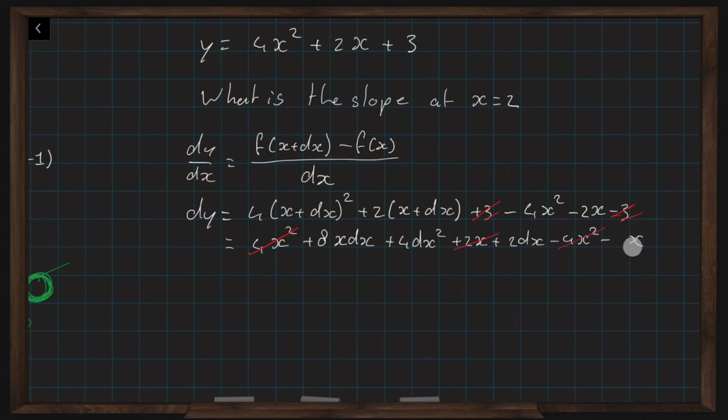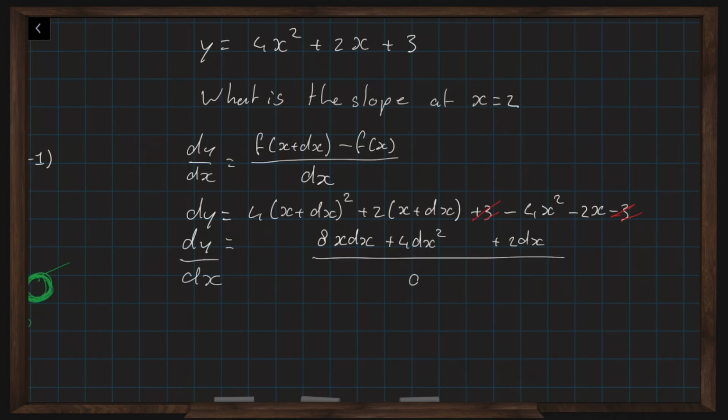Okay, so let's get the rubber out. And this is dy, but we want to know dy by dx. So we divide that by dx, and we see that this dx cancels out, this dx cancels out, and this one cancels out.